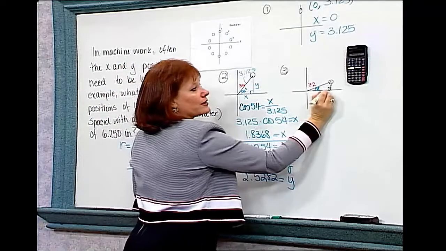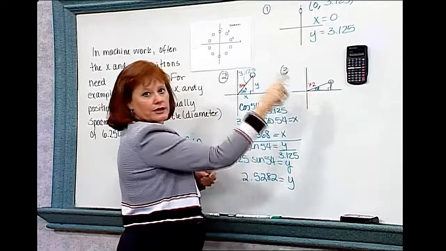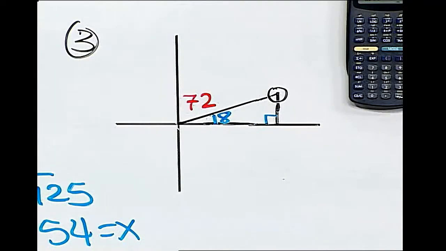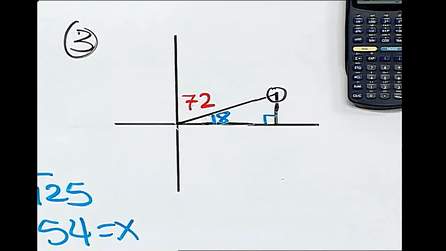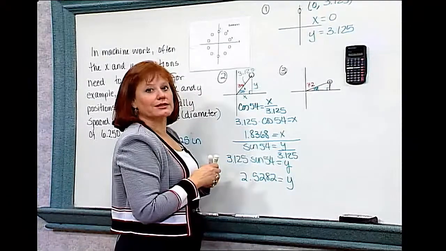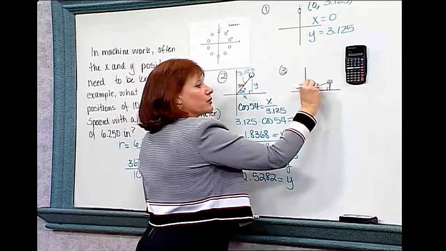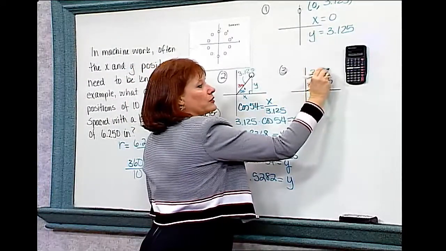Now I also know that this is a right triangle because I've moved horizontally and vertically to get the coordinates, so I'm going to use my right triangle properties exactly as I used them in the previous problem. I know that the hypotenuse of this triangle has not changed. It is still the radius of the circle, so it is still 3.125.